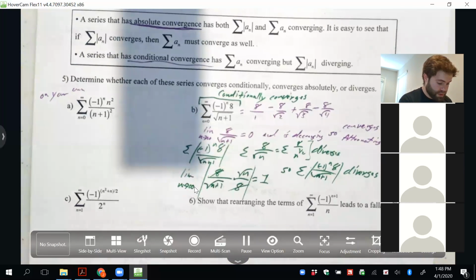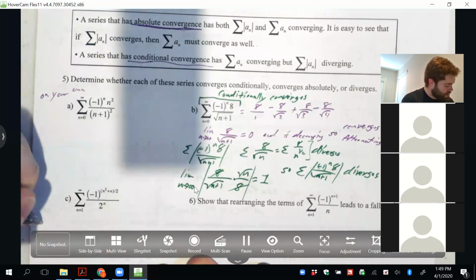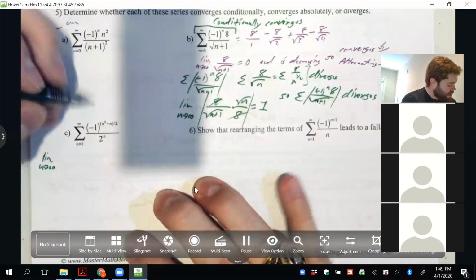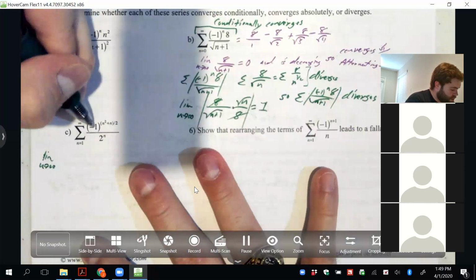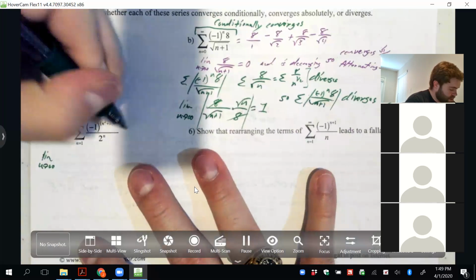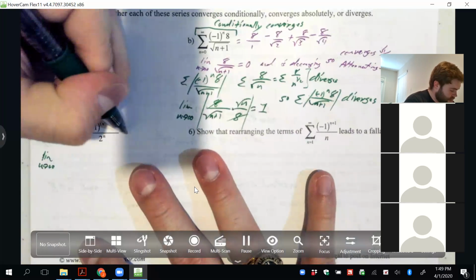Okay, if we look at this one here, limit as n approaches infinity of (-1) to the n squared plus n over 2, all over 2 to the n. Well, that's still going to have it alternating. Let me show.